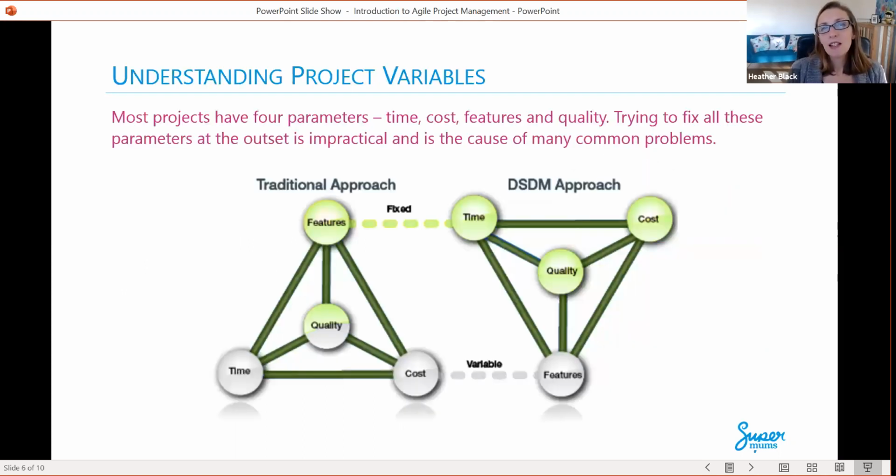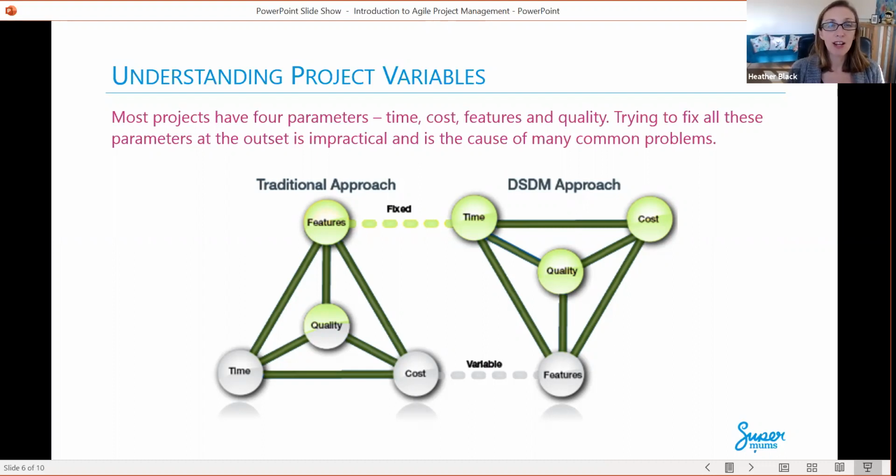One of the key things that really sets Agile apart from the traditional or waterfall approach, which might be a term you're familiar with, and waterfall is most likened to the Prince 2 methodology, the one that most people know, is this: in the original traditional approaches, you would clarify all of the features, and the features would need to be delivered regardless of time or cost.